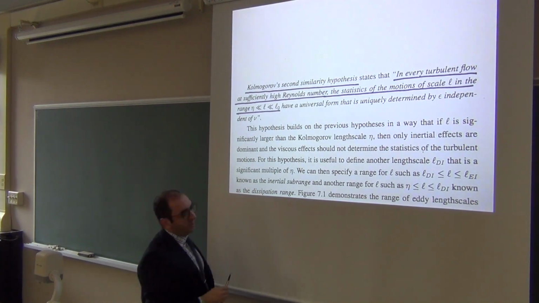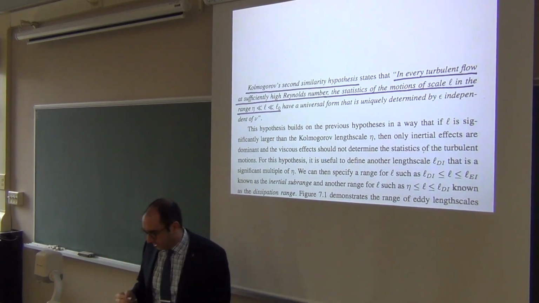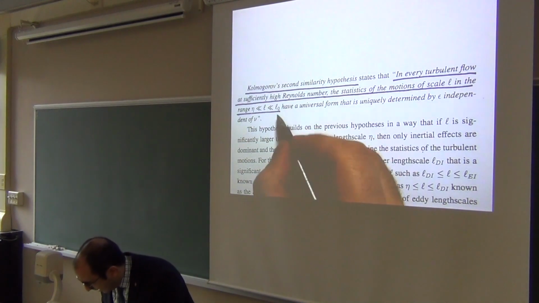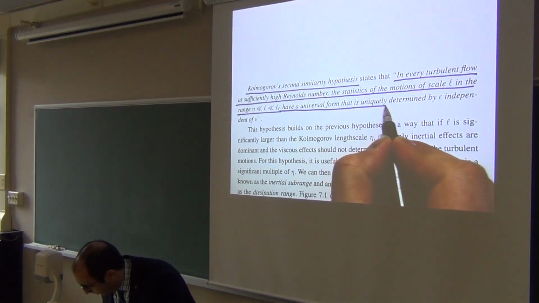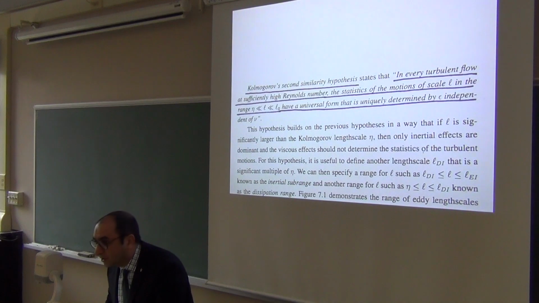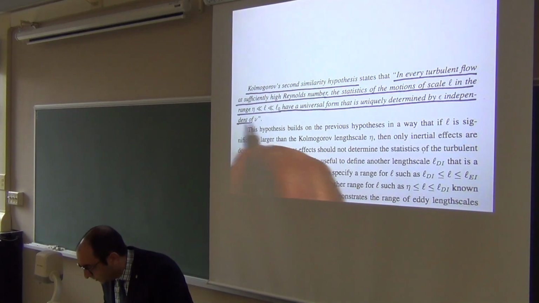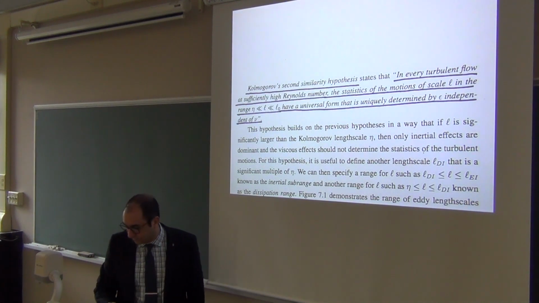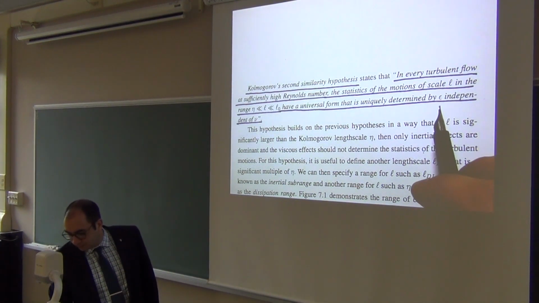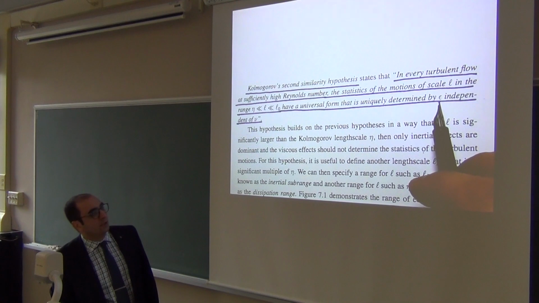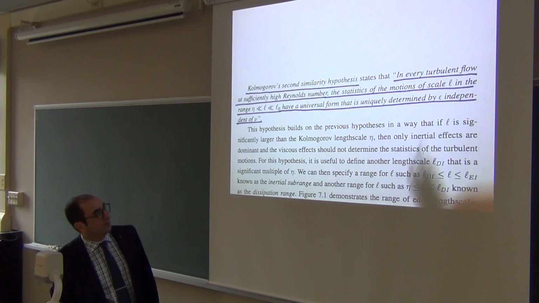It's actually in between, far away from either end of the spectrum, have a universal form that is uniquely described by epsilon, the dissipation rate. You don't even need viscosity for that range, kinematic viscosity. The whole story can be told by epsilon, the dissipation rate.